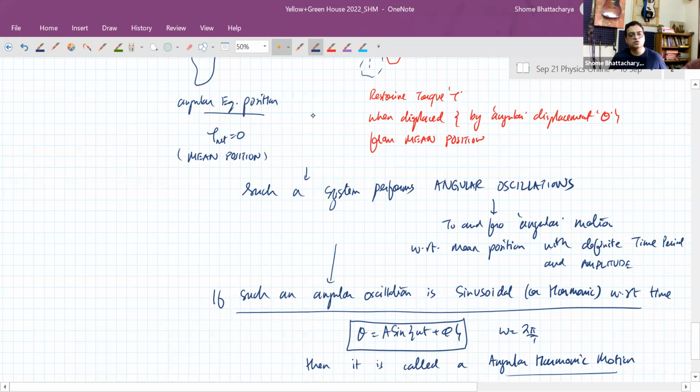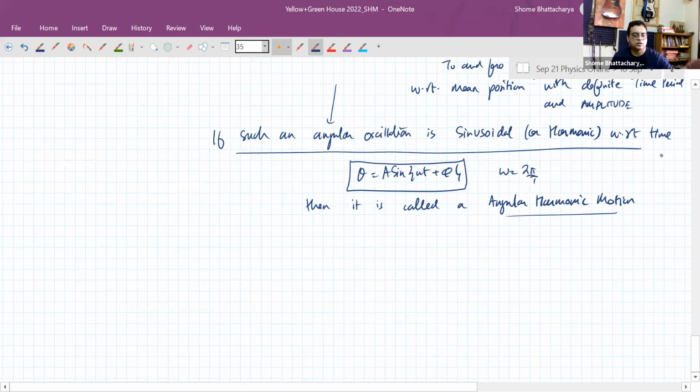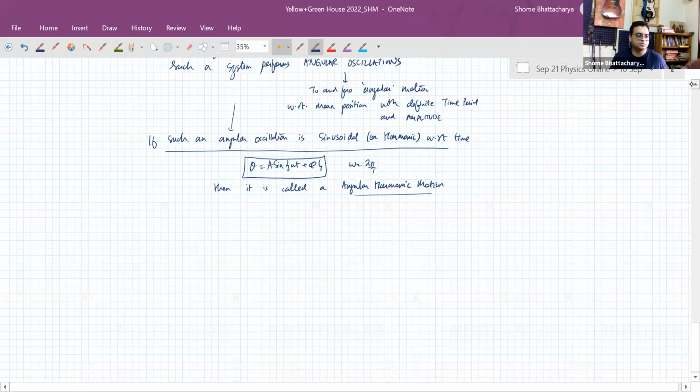Or in short, we sometimes just call it angular SHM. So this is the theory of angular SHM.